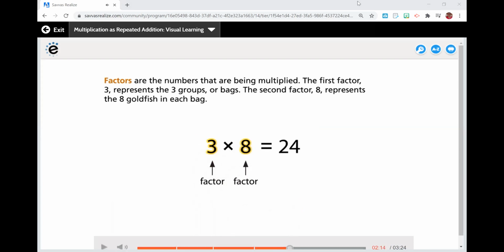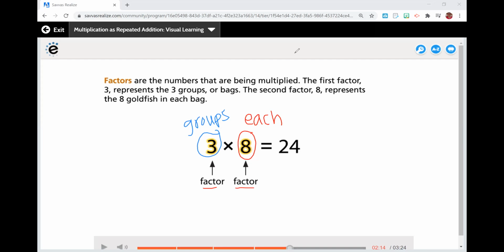So once again, the first number is our groups. In this case, it's the bags. And our second number is how many are in each. These are both called factors.